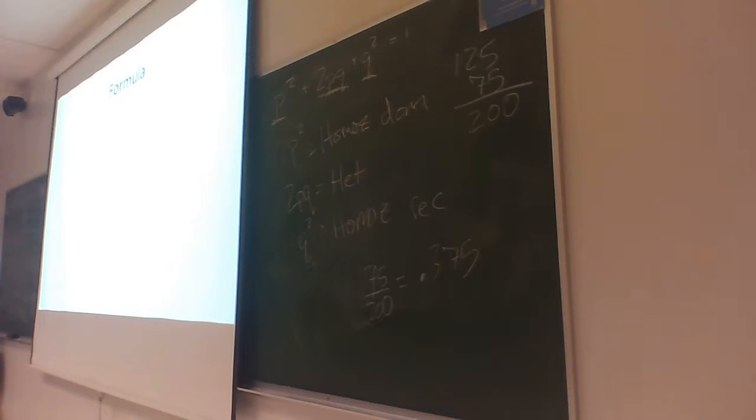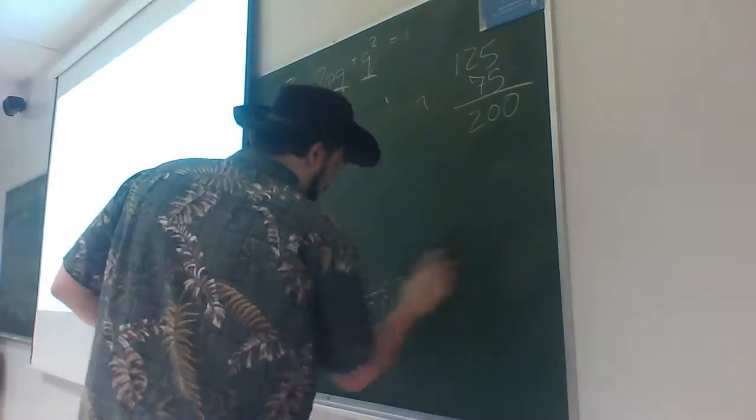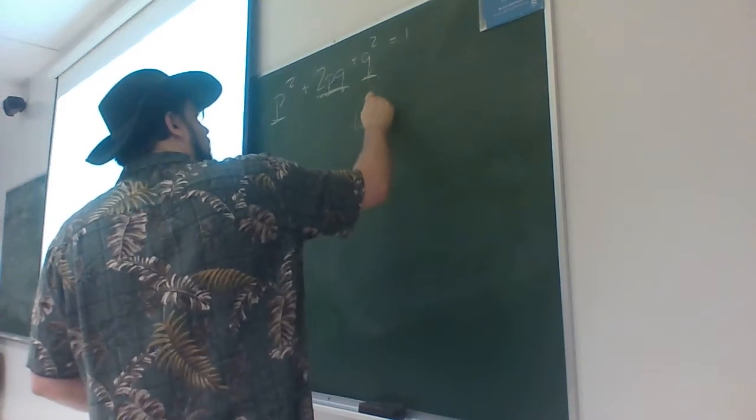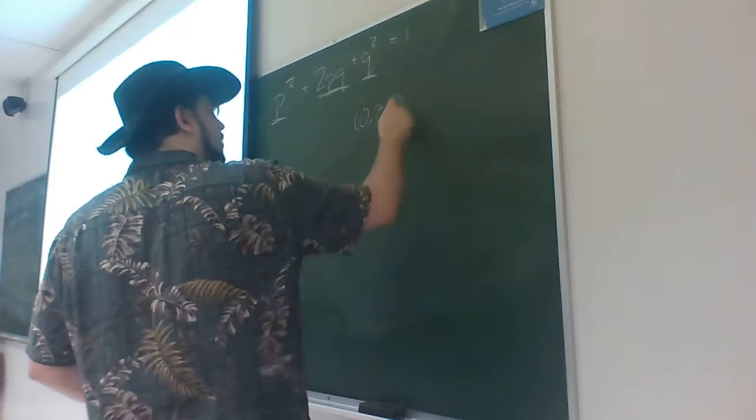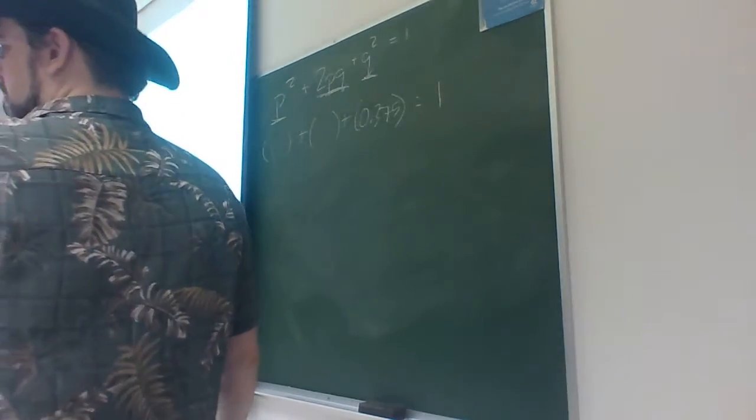All right. So now, since P plus Q equals 1, we have 0.388 for P. Boom. And now we can use P and Q to fill in all of our P squared plus 2PQ plus Q squared equals 1. So, who wants to square P for me? Anybody?